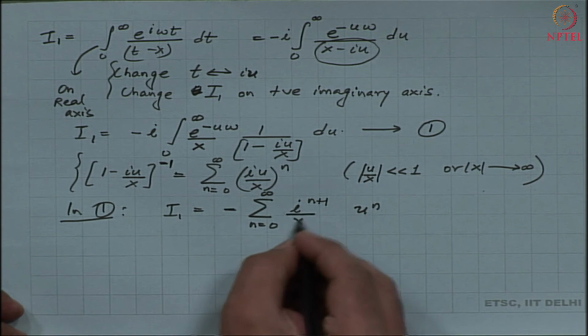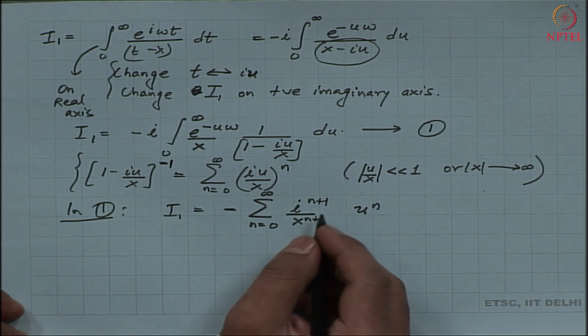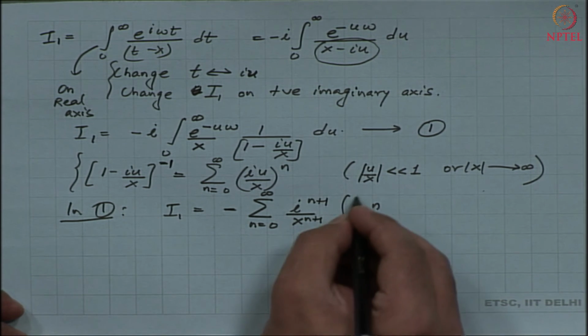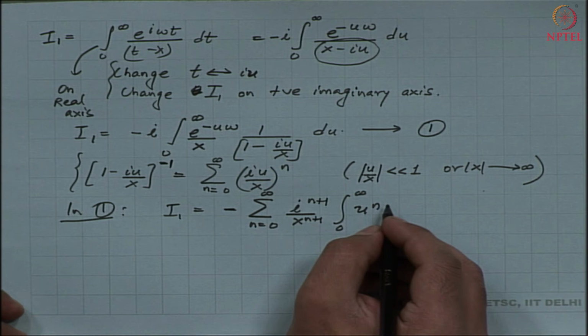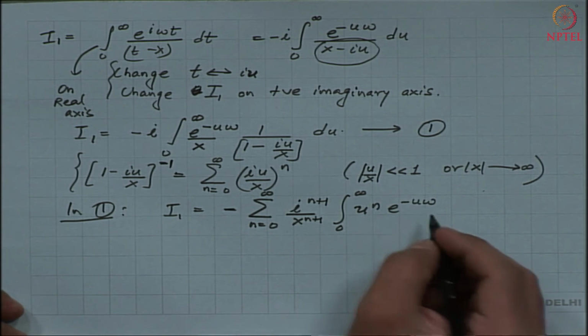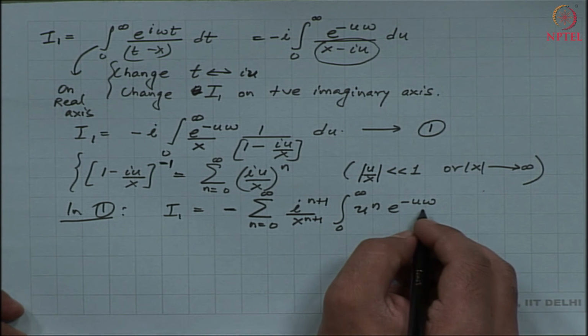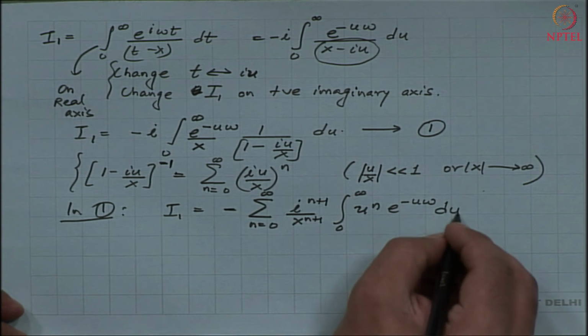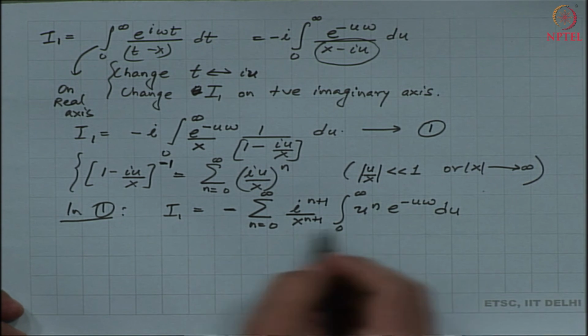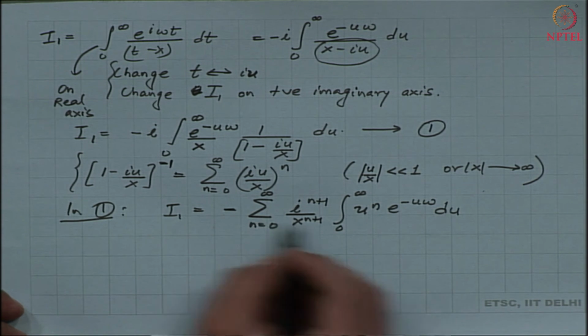So i to the n plus 1 by x to the power n plus 1 times the integral from 0 to infinity of u to the power n e to the power negative u omega, and my integration variable was u. Okay. Here we have already interchanged my summation and integral.